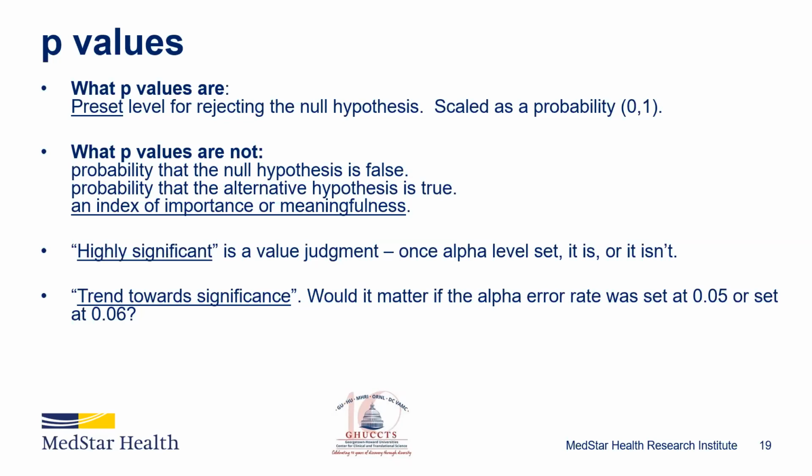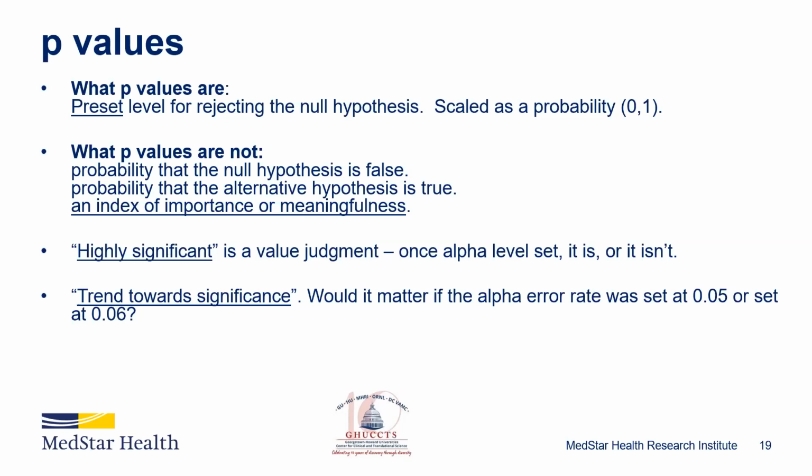So they get a p-value of 0.06 instead of 0.05. Well, again, that's not really correct because, as we mentioned, when you make a decision about whether something is statistically significant or not, it either is or it isn't.